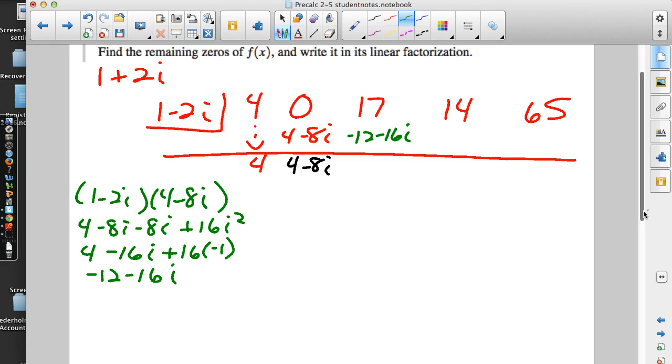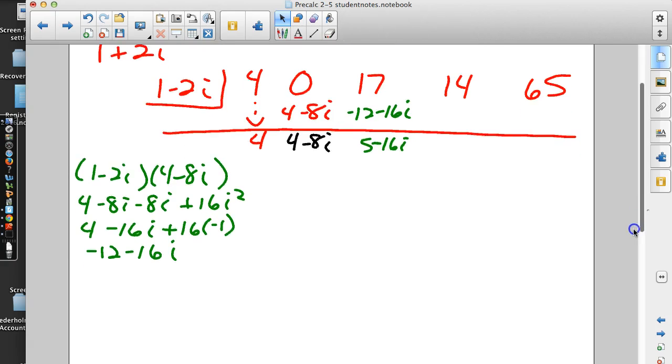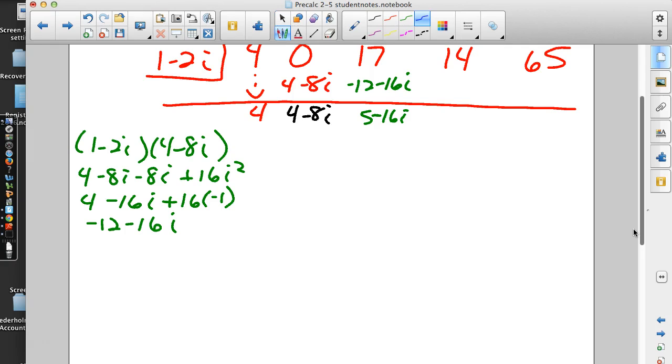And we hope for nice things, but the first time through, you generally don't get a lot of nice stuff. What I mean by that is this first 0, 1 minus 2i, it's going to be a little more difficult. So then we put these two together and we get 5 minus 16i, and it's back to the drawing board over here because we need to know what 1 minus 2i times 5 minus 16i is.